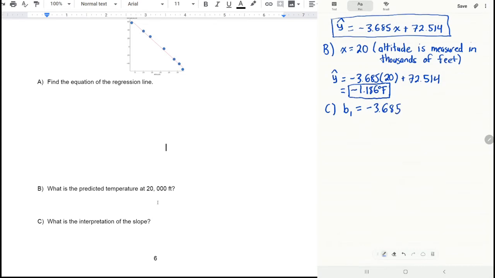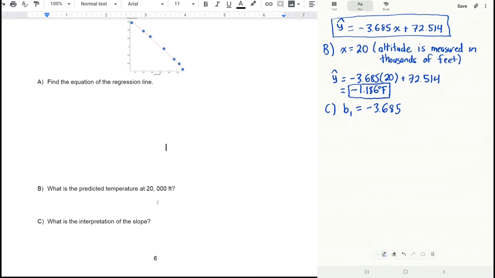So the slope will tell us the change in the response variable for every 1 unit change in the x variable. Here x is measured in thousands of feet. So for every 1 unit change in altitude we will get a certain change in the response variable.